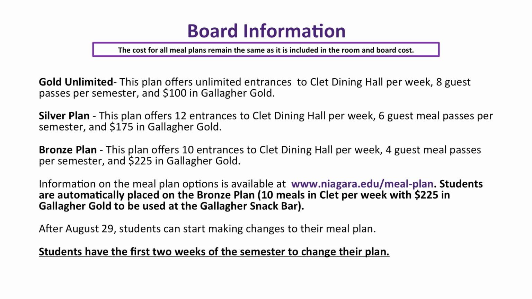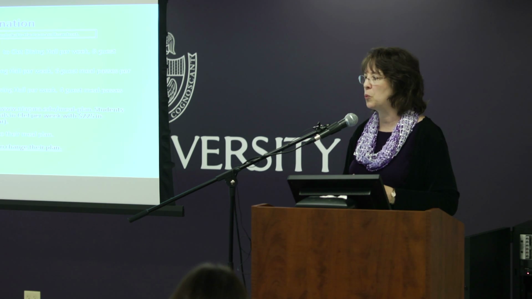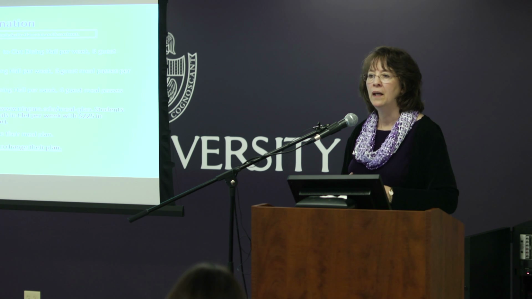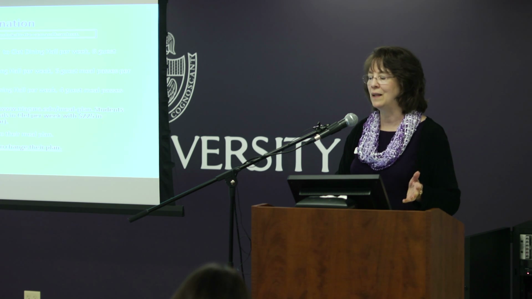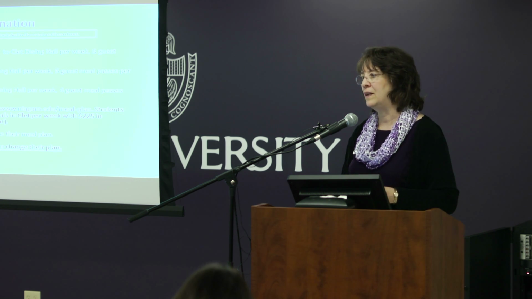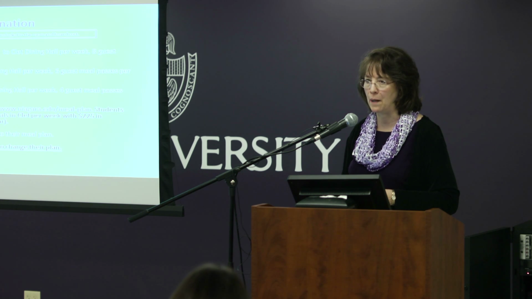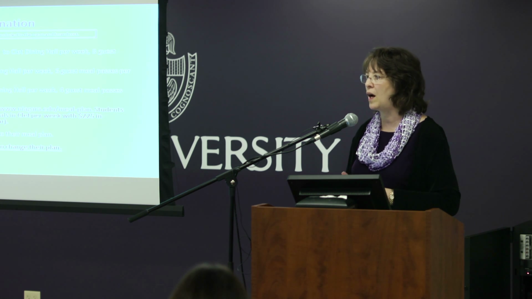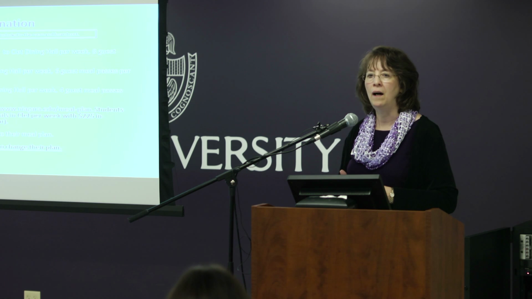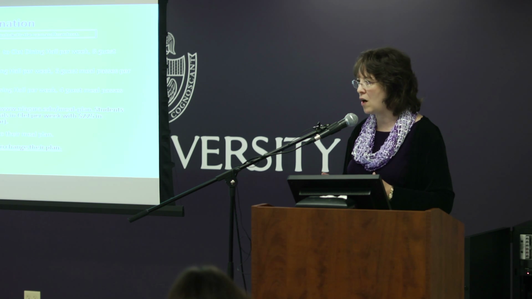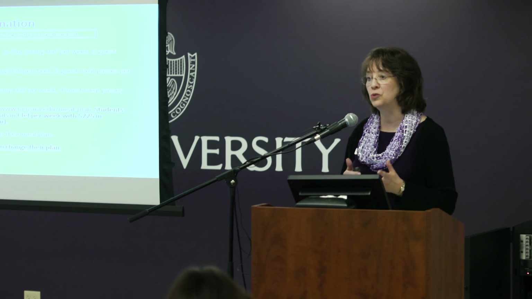So the board information, just so you know, is that all resident students are put on a resident meal plan. It's a 10-meal plan per week, and then they have a $225 declining balance here in the Gallagher Center. If students get up early and like breakfast, then that may not be enough meals for them, so they may want to change it to one of the higher meal plans. Again, there's no difference in cost. It's just how your student eats.